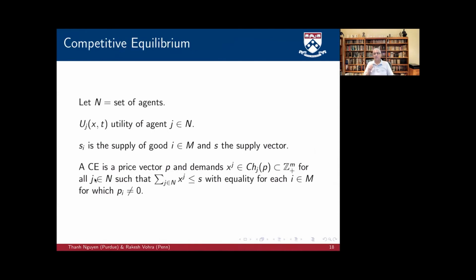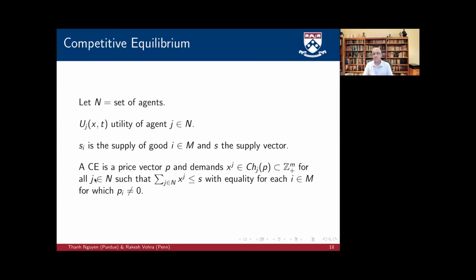First, I'm going to remind you of the definition of a competitive equilibrium. I have a set capital N of agents. Every agent is endowed with a utility function. There is a supply of good i. s_i is the supply of good i. Little s is the supply vector.